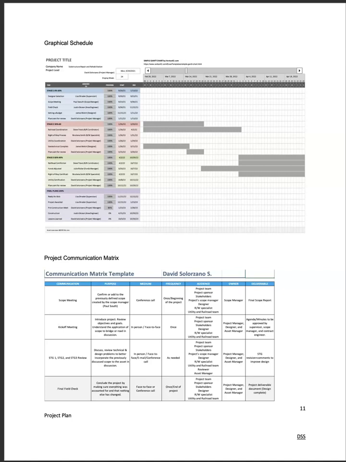It's important to have some sort of scoring method so that we can keep track of the different stages or milestones, and also to help people accountable and responsible for these different milestone deliveries. And also the project communication matrix, to understand the best ways to communicate and to eliminate any unnecessary meetings or ways to communicate.